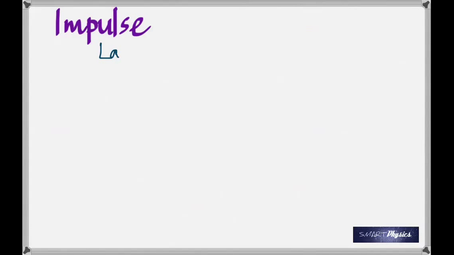No, you don't know who it is. It's immediate. It's a huge force acting for a short time. That's what an impulse is. It's a huge force, but the contact is for a very small time. Is that clear enough?